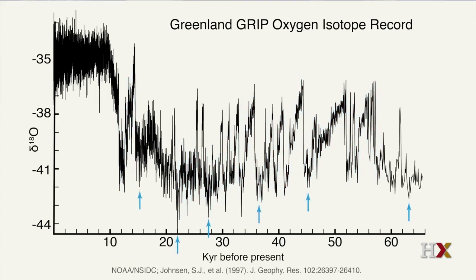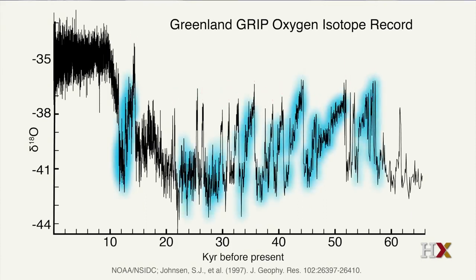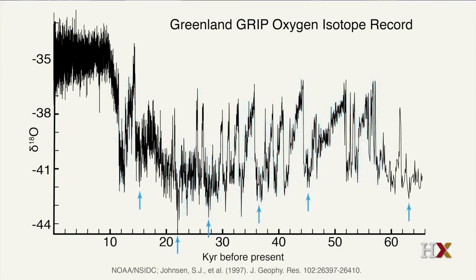And then ultimately a very abrupt cooling down to the background levels of the glacial period. And so what you see is these abrupt warmings followed by slow coolings and then abrupt coolings back to the baseline. This happened repeatedly for different durations throughout the glacial period as observed in Greenland.